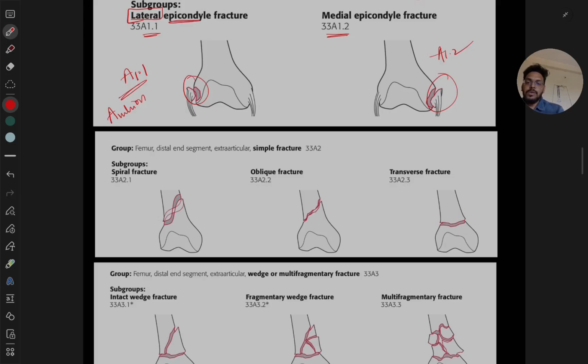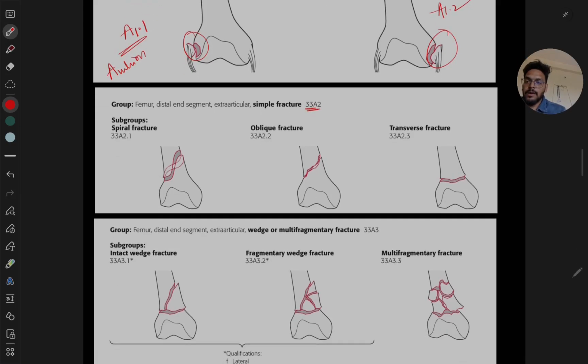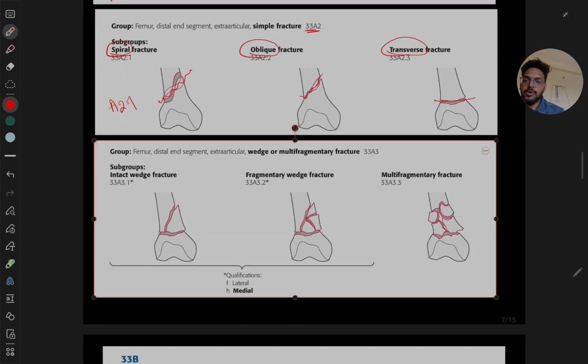Then A2 is a simple fracture, a spiral, oblique or transverse fracture. So in A2, A2.1 is spiral, A2.2 is oblique and A2.3 is transverse.